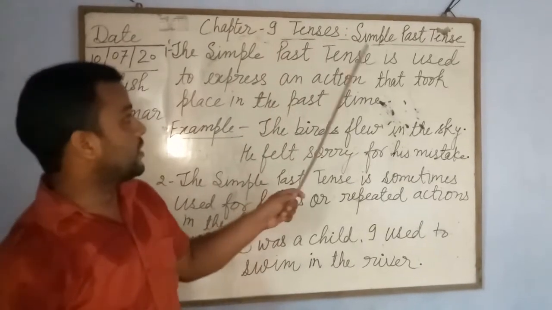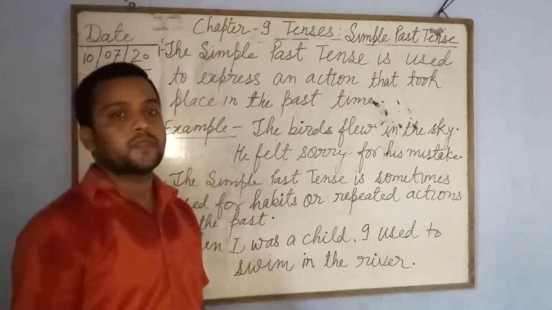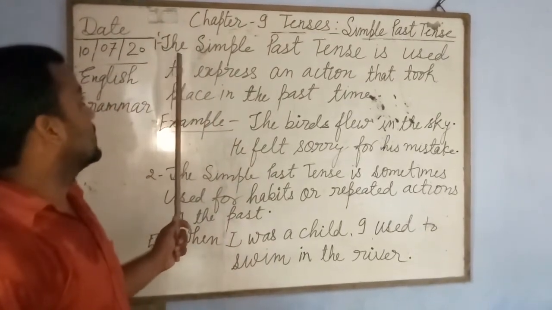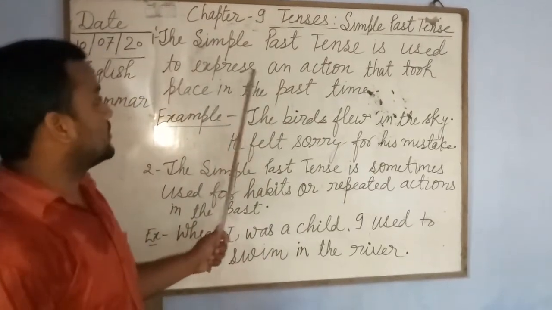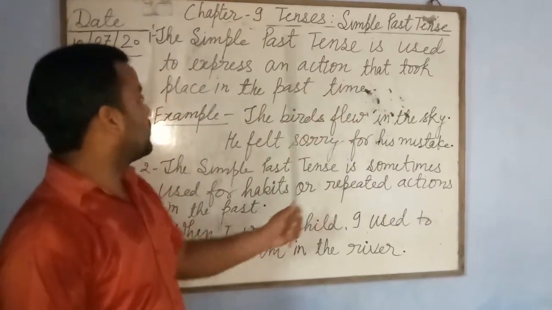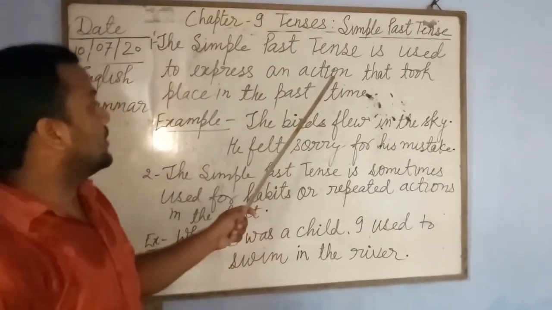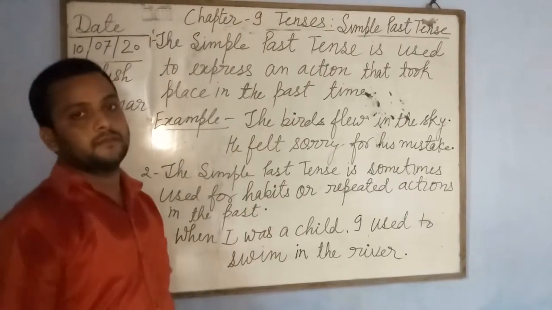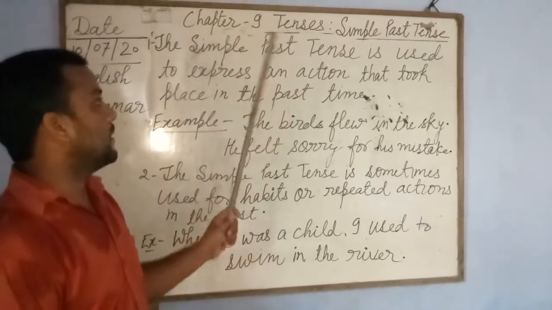Now see students, simple past tense. First of all, we have to know where we use simple past tense. Students, the simple past tense is used to express an action that took place in the past. Whatever action took place in the past, to express that action we use simple past tense.